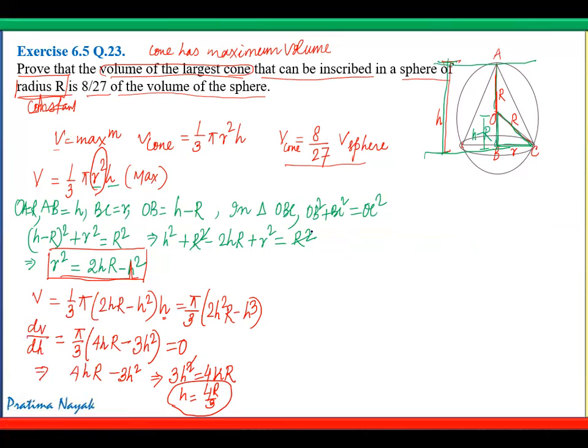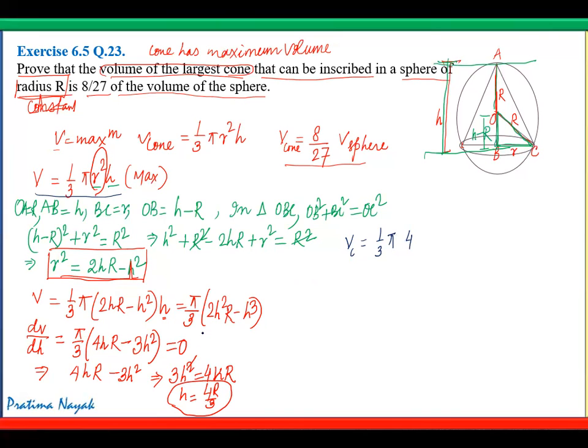Now coming to H, we have got it. Now I'll go to volume. Volume of the cone is equal to 1 by 3 pi r square.